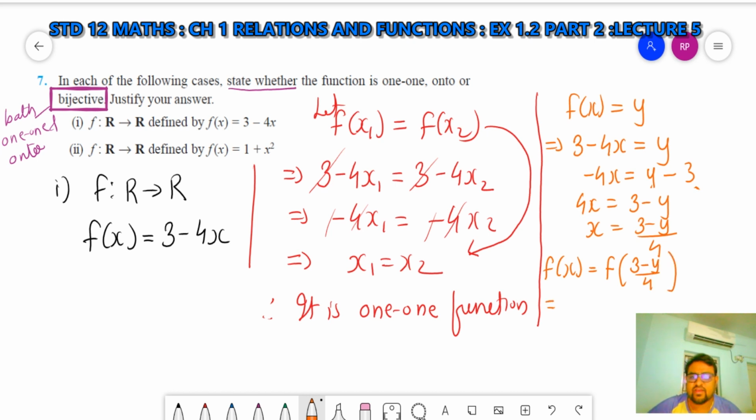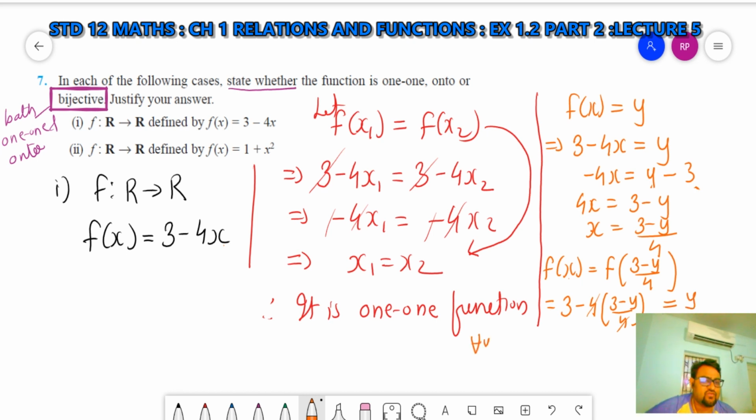Clear? So what is f(x)? f(x) is 3 minus 4x. Here instead of x it is (3 minus y) by 4. So 3 minus 4 times (3 minus y) upon 4. So 4 gets cancelled, 3 minus 3 is 0, minus minus plus y. So we get y. Right? So what does that mean?